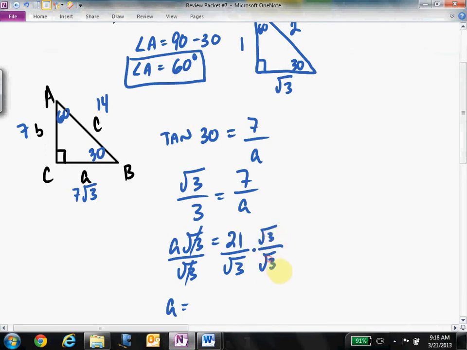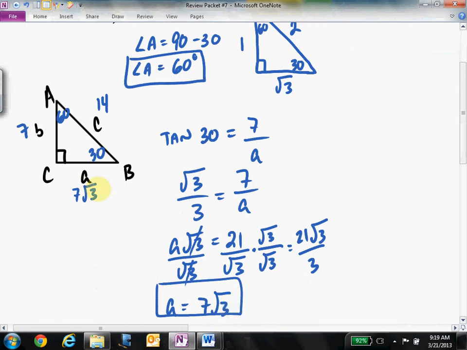So I need to rationalize the denominator by multiplying by square root of 3 over square root of 3. I'm going to have 21 root 3 over 3. And I hope you're all realizing that 21 and 3 can simplify. What's 21 divided by 3? That's 7, so it's 7 root 3. And that's what we had originally. Either way you can use to find side A.